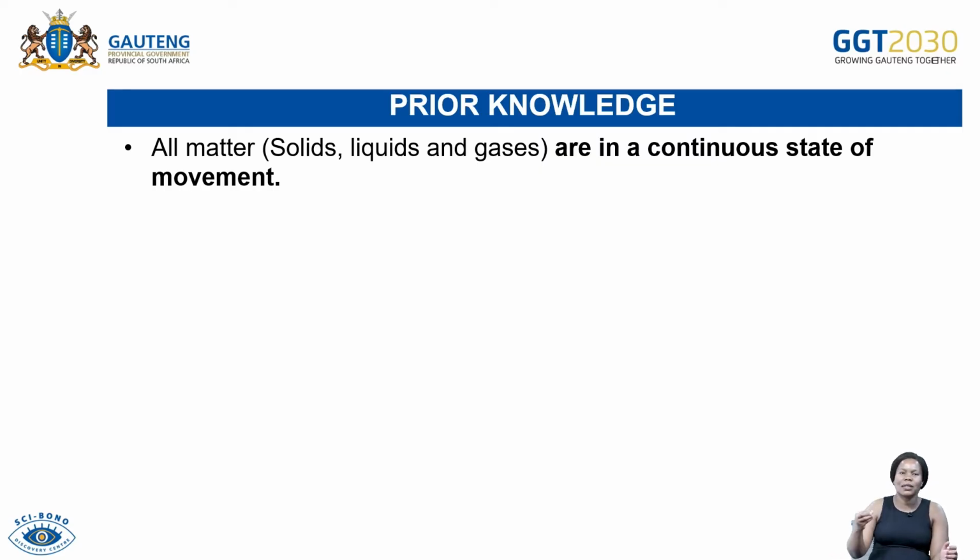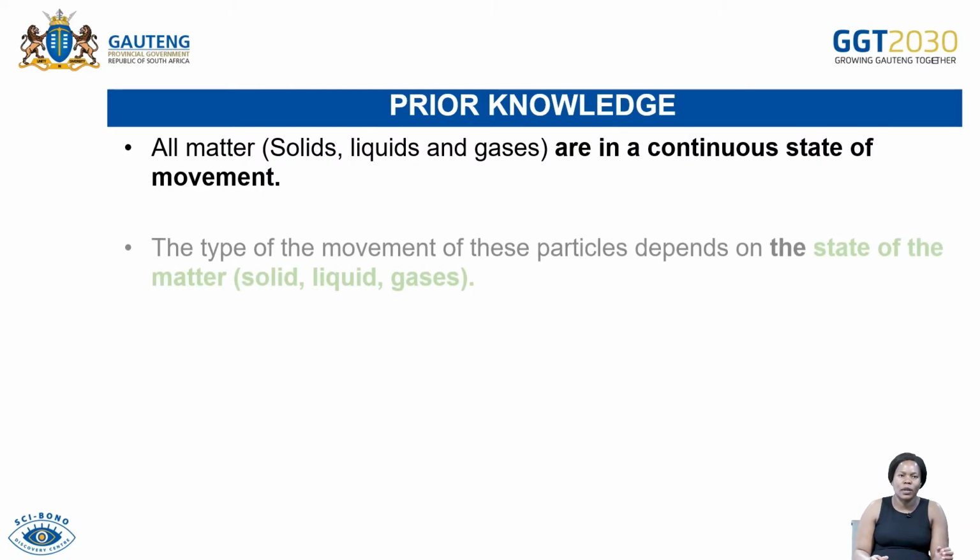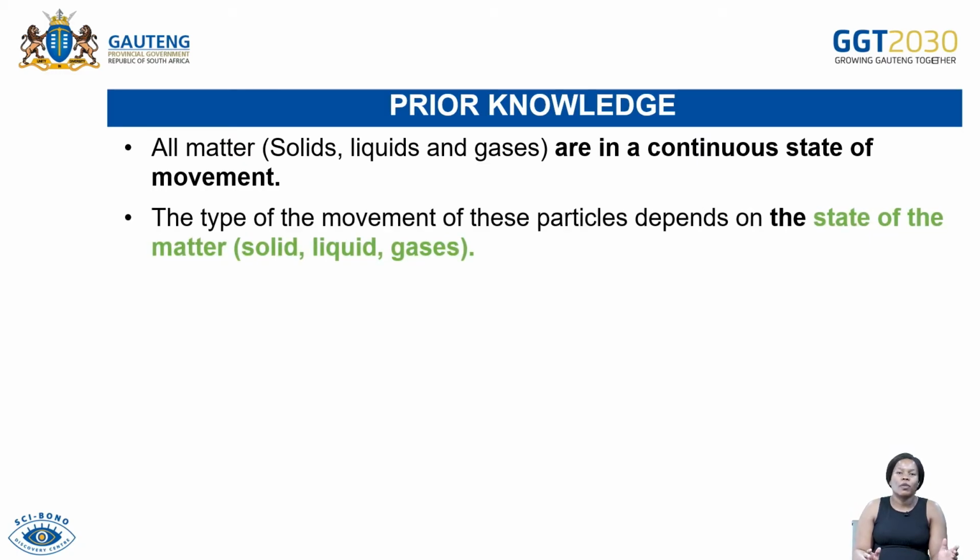That means that the particles that make up that specific matter are in a continuous state of movement. The type of movement of these particles depends on the state of the matter. If it's solid, there will be limited movement. If it's liquid, there will be more movement as compared to solids, and in gases there is free movement of the particles that make up that particular matter.